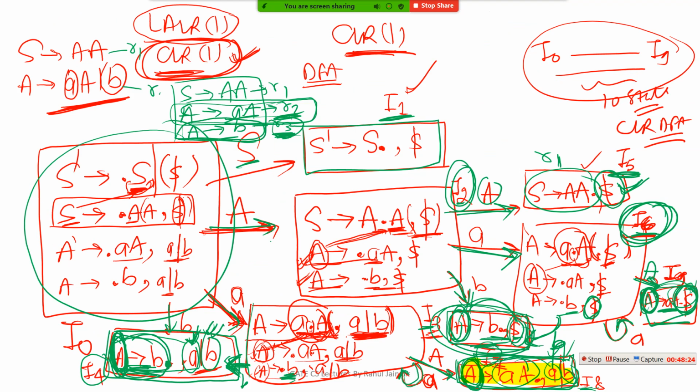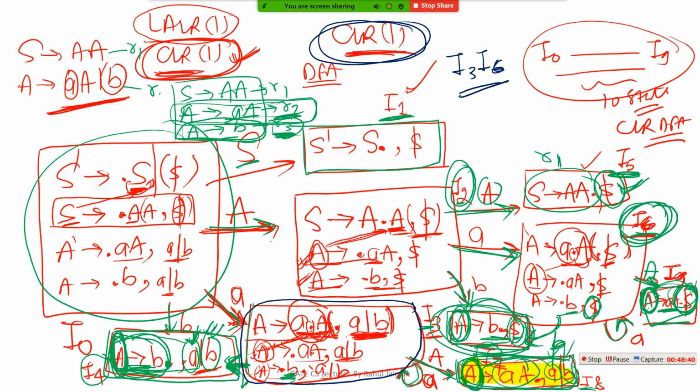Focus here, guys. In the DFA of CLR1, if you observe states I3 and I6, this is my I3 state and this is my I6 state. In I3 and I6, all my LR0 items are the same.